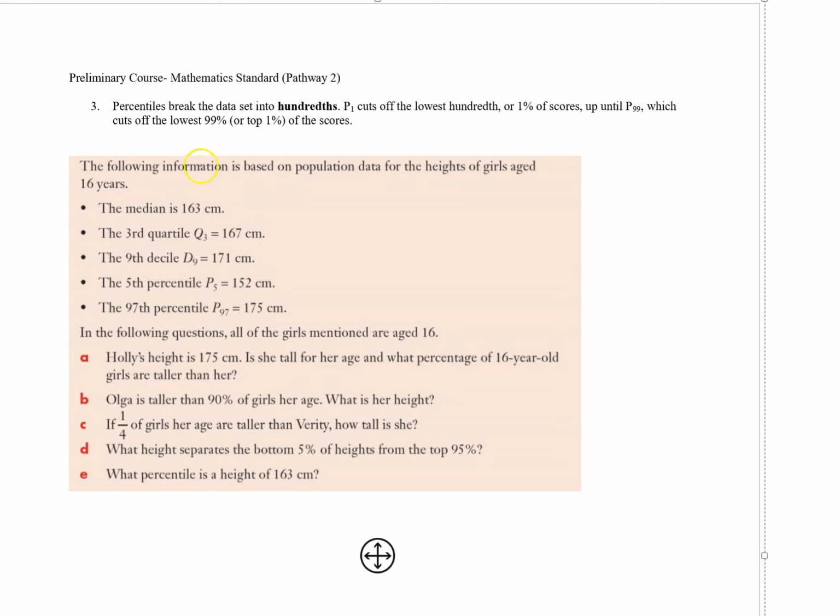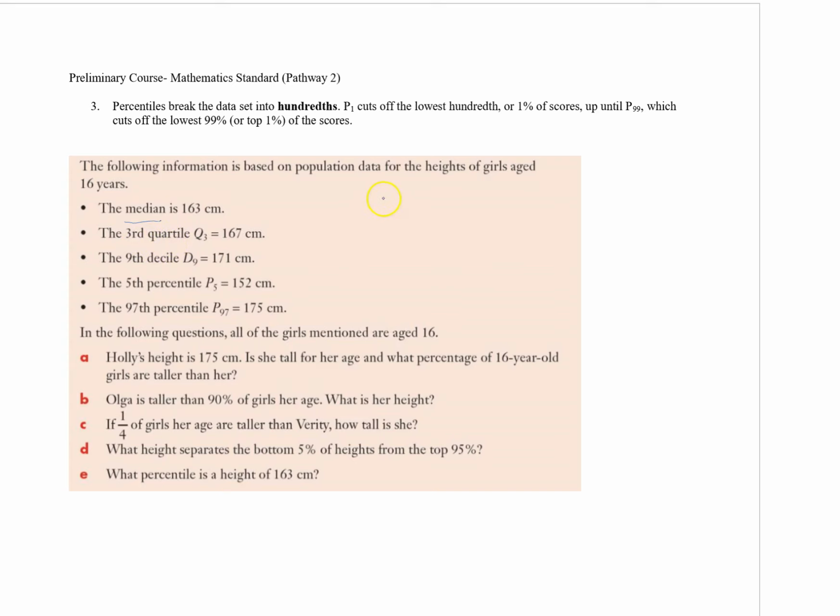Now, I was saying this question is an interesting combination because it starts off telling us about the data for the heights of girls aged 16. And it talks about the median. So the median is the middle. It then talks about the third quartile, back to quartiles.